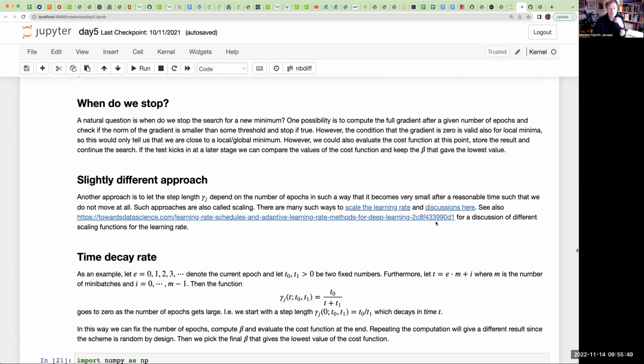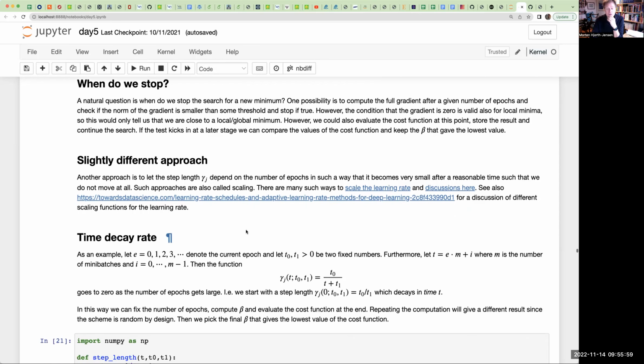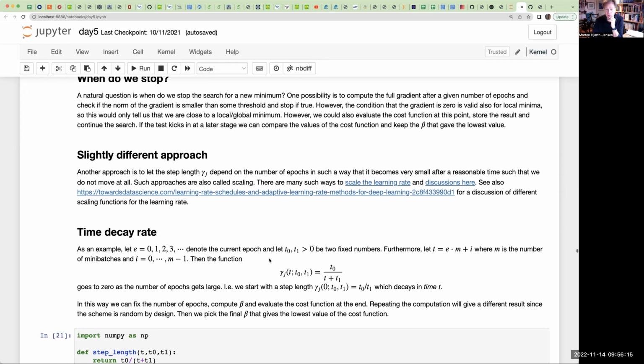There are many ways to deal with these types of calculations. And the brute force way of scaling your learning rate could be something given by this simple scheduler, which you see here. You can set up an exponential decay for this. You can set up a linear decay if you want to, so that you change the value of the learning rate as you move on in the calculation as a function of the number of epochs.